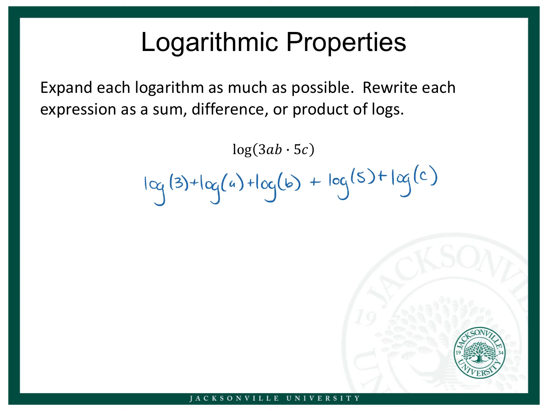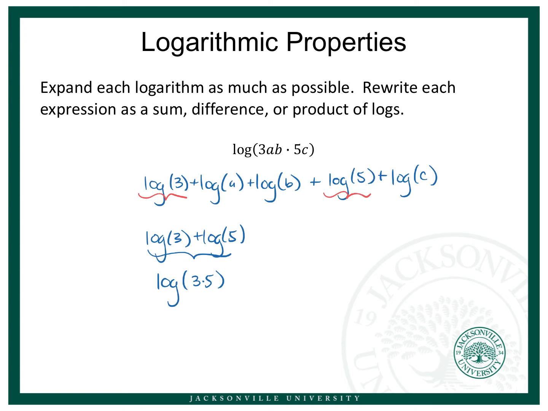You'll also see in the homework problem that you can combine log of 3 and log of 5. If I rewrite this as log of 3 plus log of 5, hopefully you can see that we can rewrite this as the log of 3 times 5.